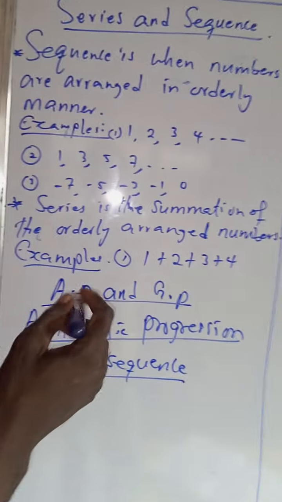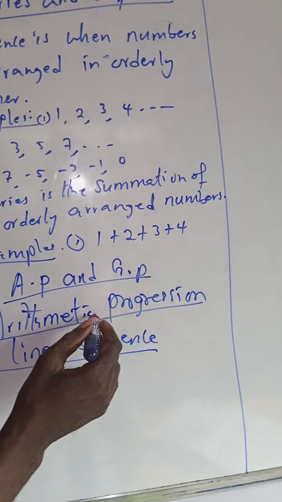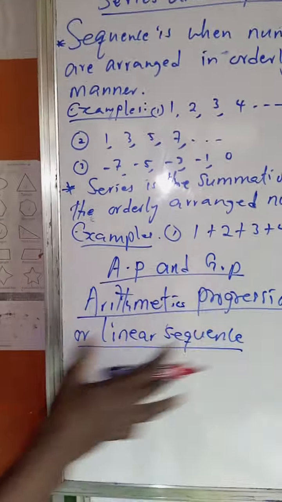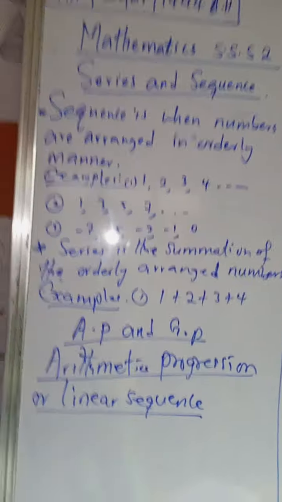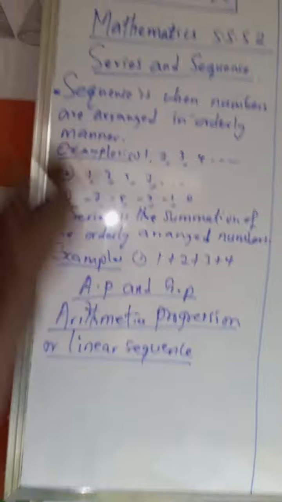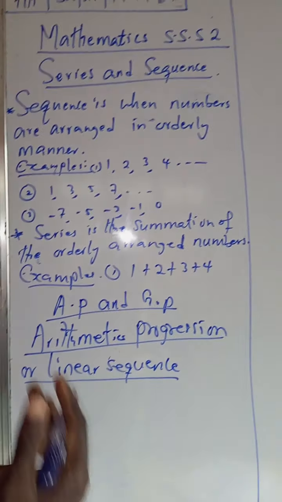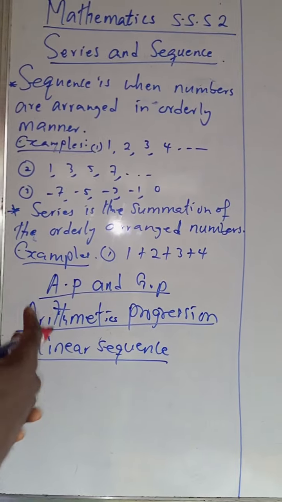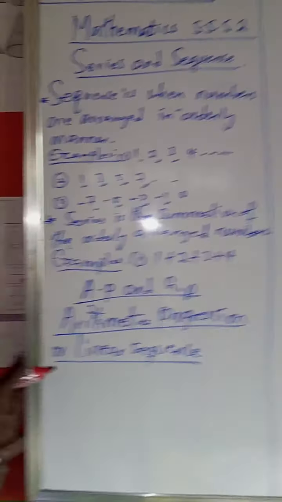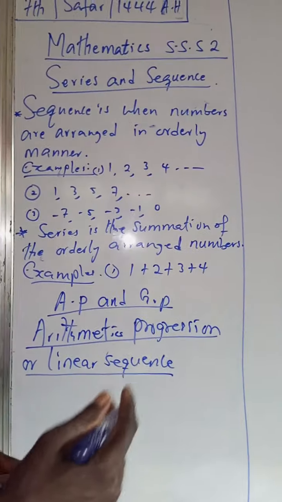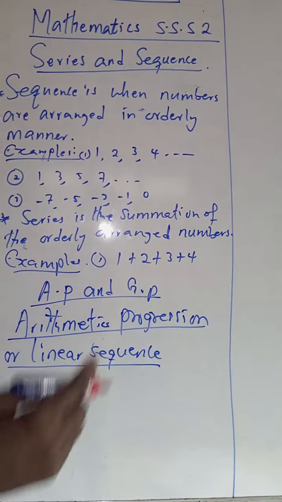So we are going to deal with arithmetic progression in this video, and we can move on to geometric progression later, because arithmetic progression is something that is wide. What is arithmetic progression? Arithmetic progression is the orderly arrangement of numbers in sequence in such a way that they have a similar difference.